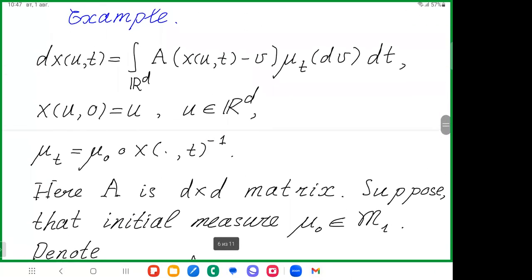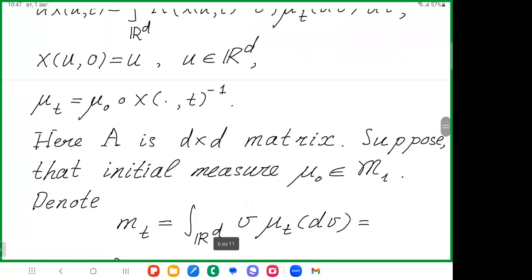Now, to solve this equation, denote by m t the integral over R^d of v with respect to mu t, and this is like the center of the mass of this measure mu t. This is an important characteristic of the probability distribution, and in the next lectures we will use it.